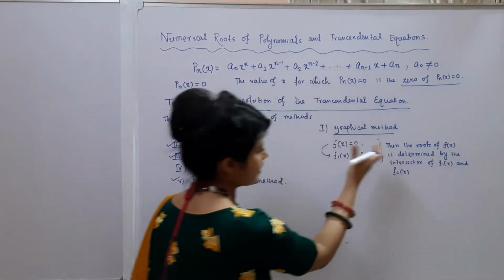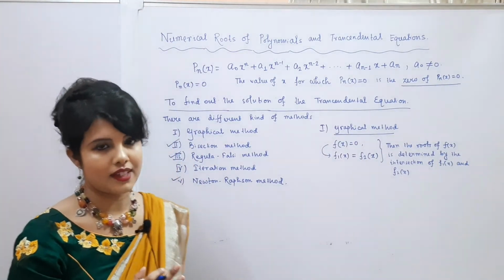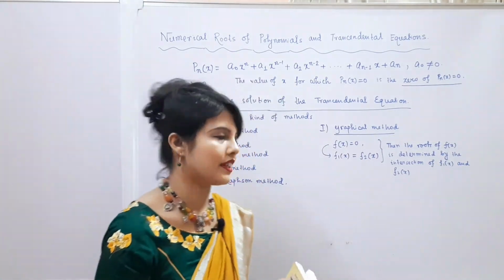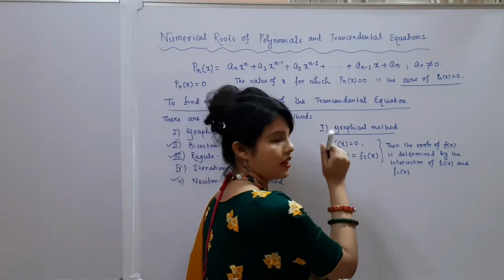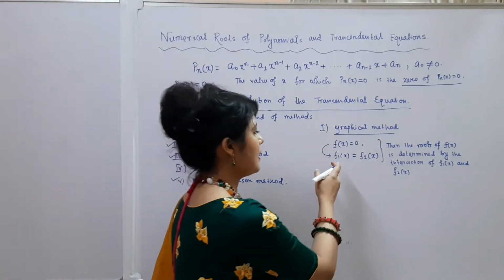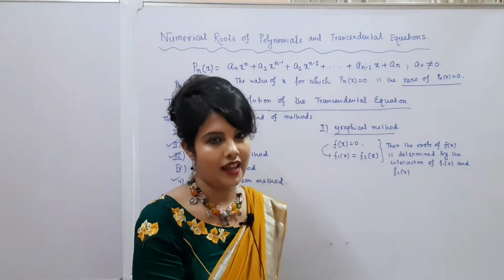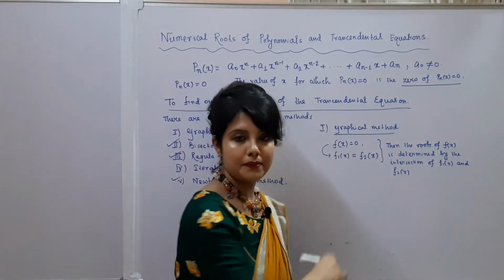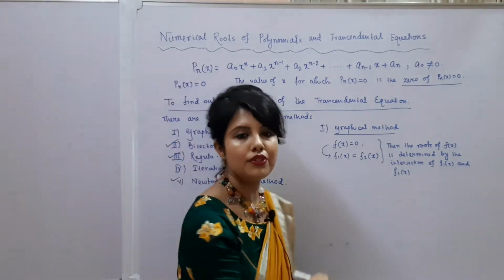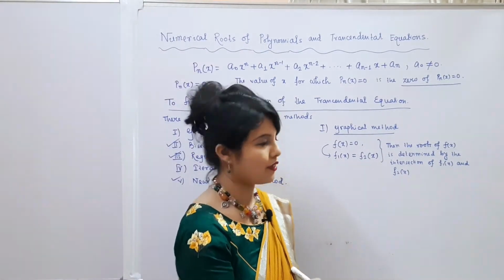This is the essence of the graphical method: you write the relation f(x) = 0 as f1(x) = f2(x), and then take the intersection of these two graphs, and this will give you the root of the equation f(x) = 0.